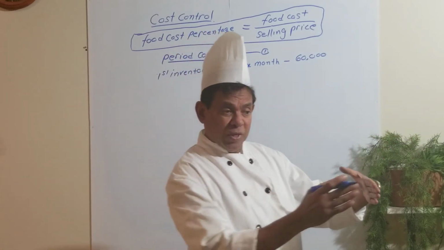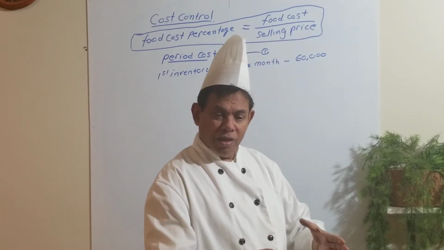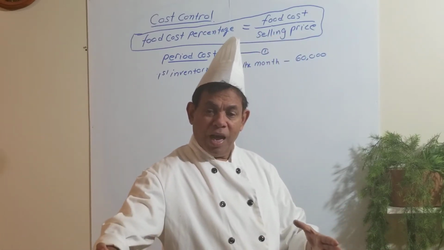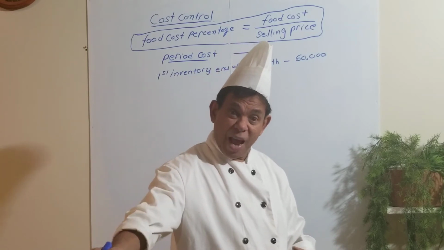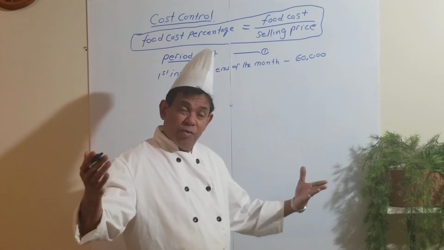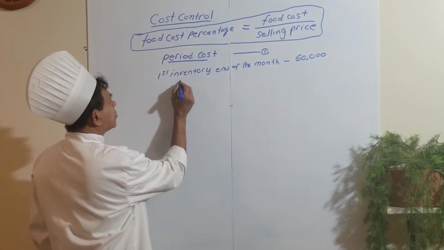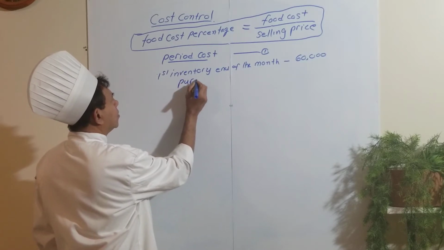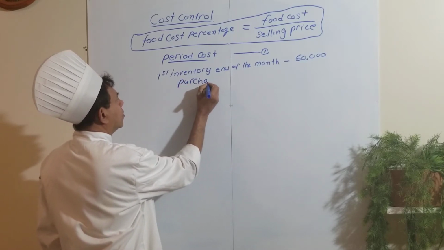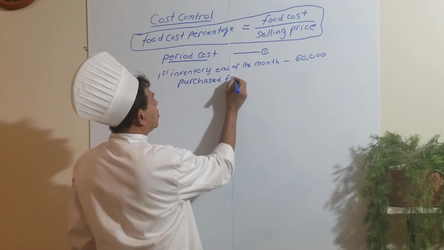So suppose now from this end of the month, I pass to the next month and I have to buy the food until the end of next month. So that cost, for example, I purchase food cost.